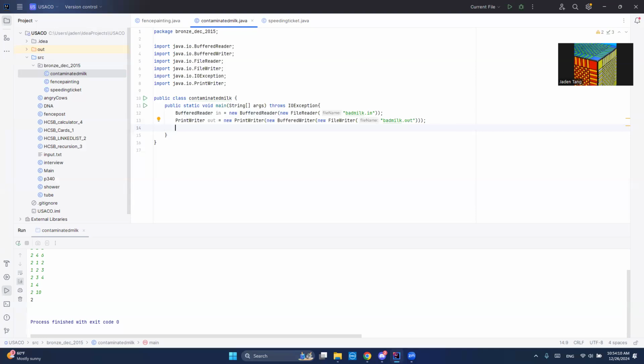Okay, so after we have declared input and output taking, we need to then declare a string tokenizer in order to separate each of the strings.